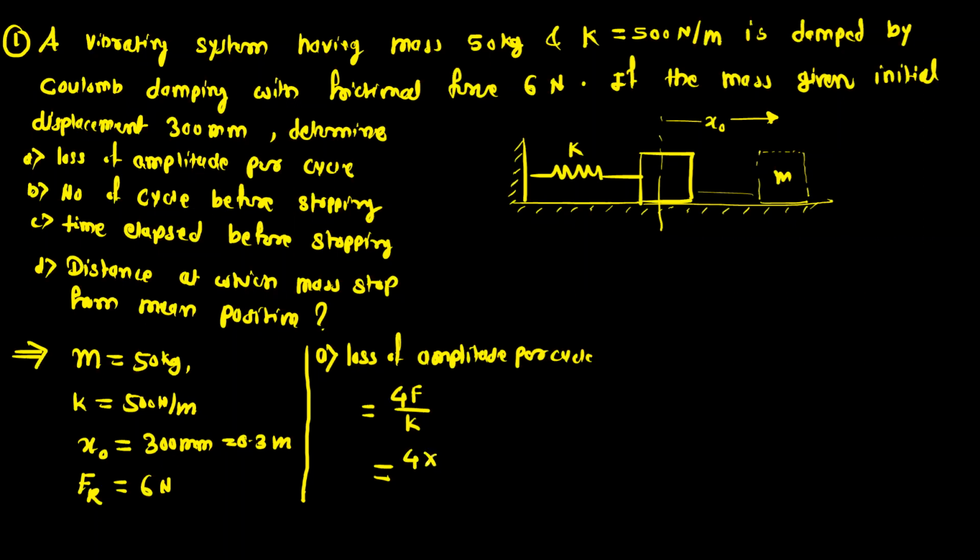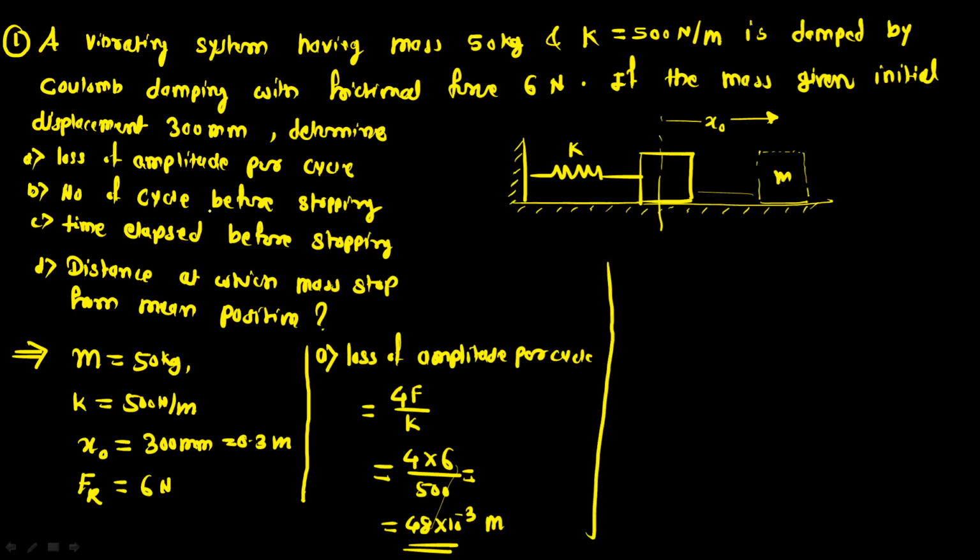So this is 4 into 6 upon the k value of 500, which is equal to 48 into 10 raised to minus 3 meter. Okay, so this is the reduction per cycle.